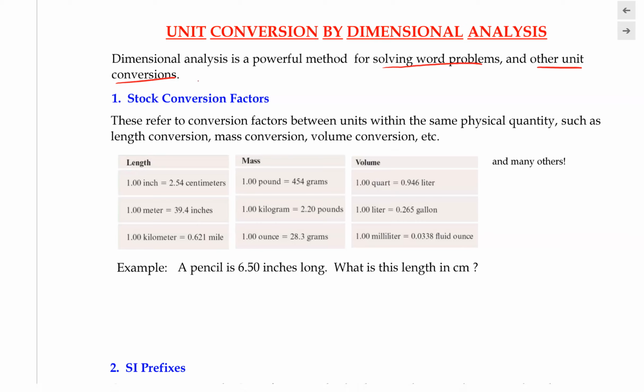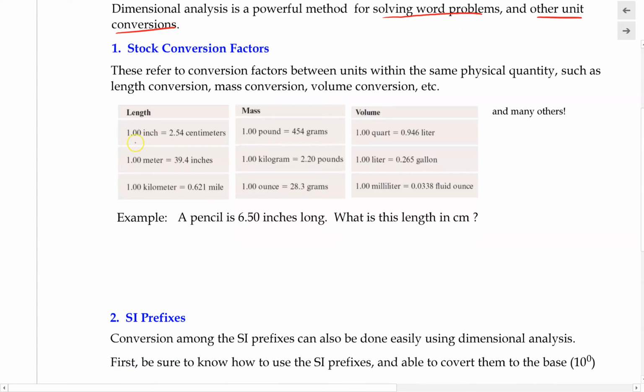The stock conversion factor refers to, again, units within the same physical quantity, such as units within length, mass, or volume, and so on. And these are some of the conversion factors among those units. So when it comes down to length, we have 1 inch equal to 2.54 centimeter, 1 meter equal to 39.4 inch, and so on.